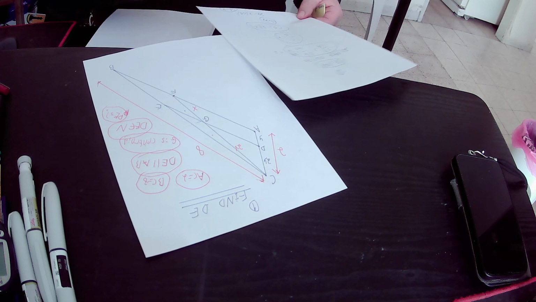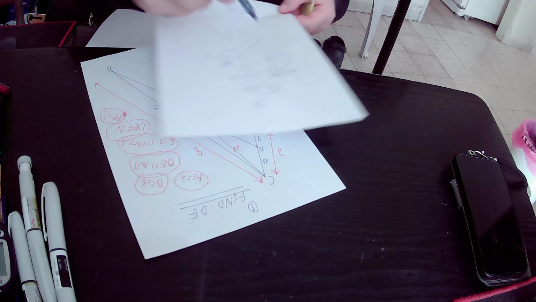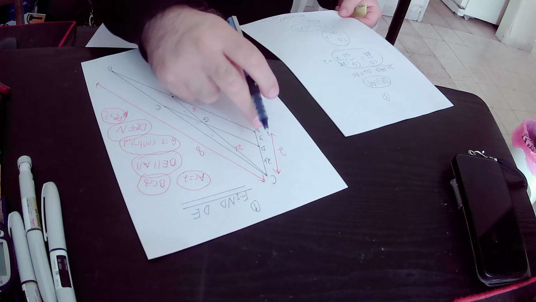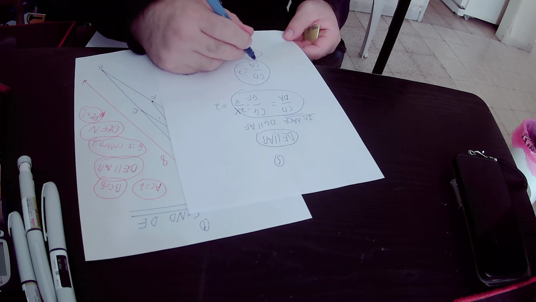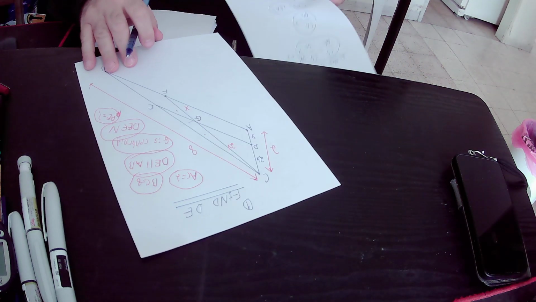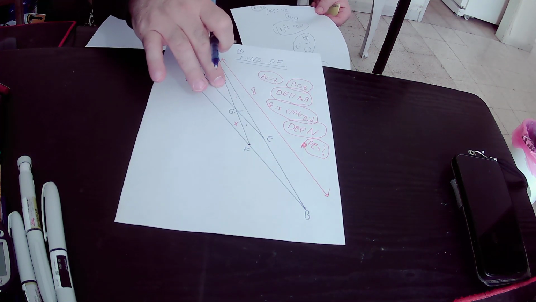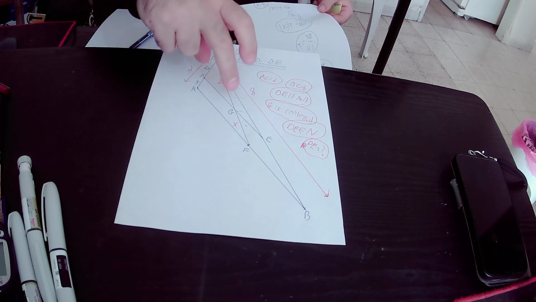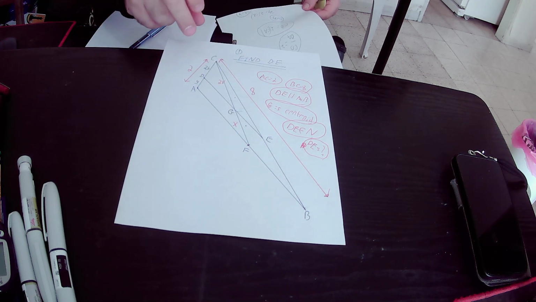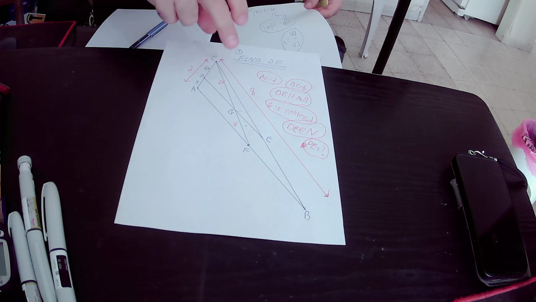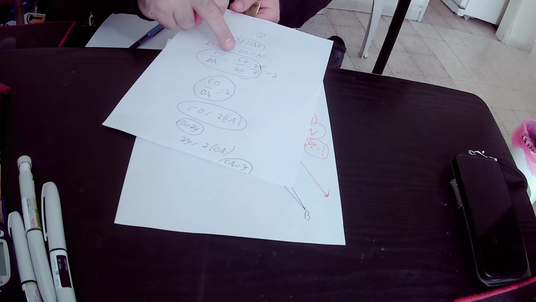Again, we have the rule that states that CD over DA equals CG over GF, according to the rule in triangle ACF, where DG is parallel to AF.